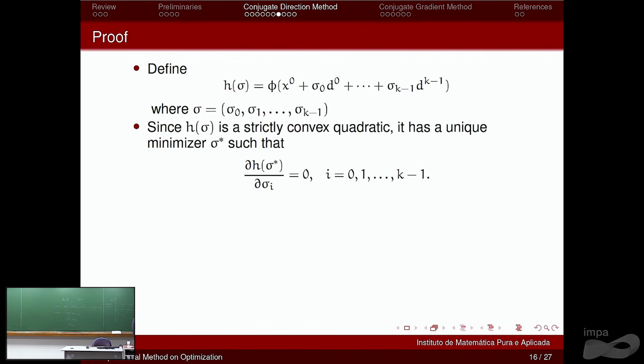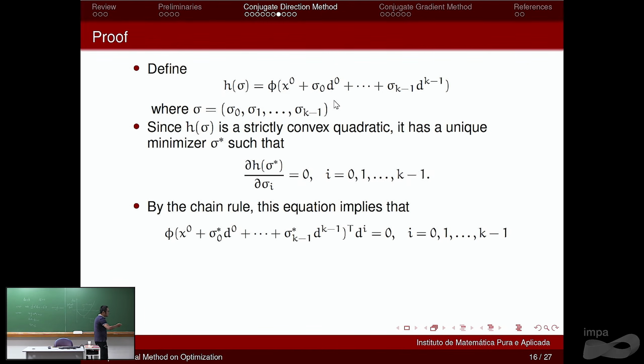Since this h sigma is a strictly convex quadratic, it has a unique minimizer, which we call sigma star. So the partial derivative of h at sigma star over partial sigma i equals 0 for any i from 0 to k minus 1.